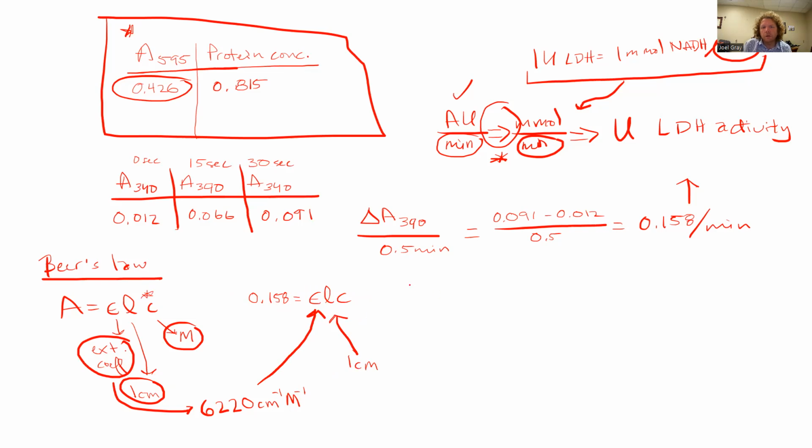So we take 0.158 and divide it by 6220 times 1, and that is going to be equal to C. I've just plugged numbers in for E, our extinction coefficient, and L. I'll plug it into my calculator: 0.158 divided by 6220 gives me a concentration of 2.54 times 10 to the negative 5th molar.